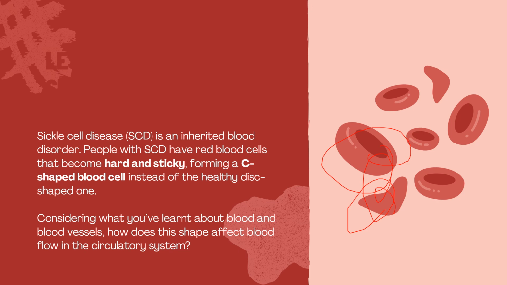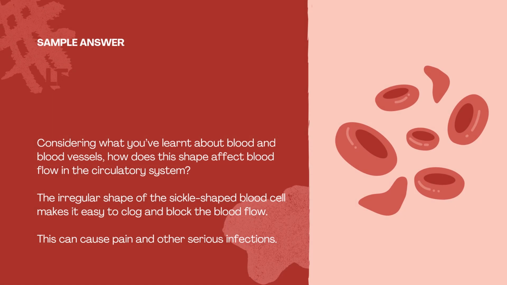Considering what you have learned about the blood and blood vessels, how does this shape affect blood flow in the circulatory system? So what will happen? Suppose the irregular shape of these sickle blood cells: it will clog and block the blood flow.